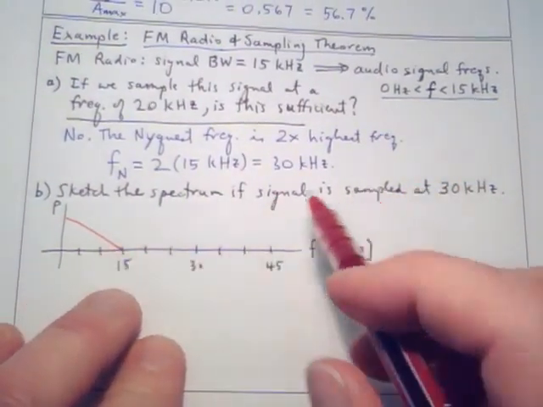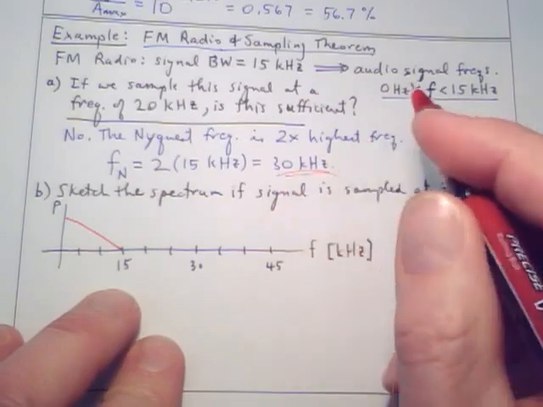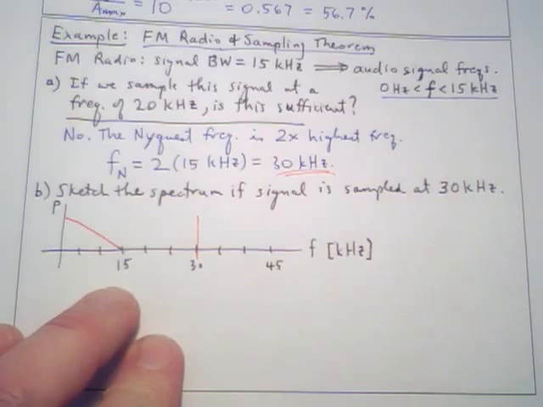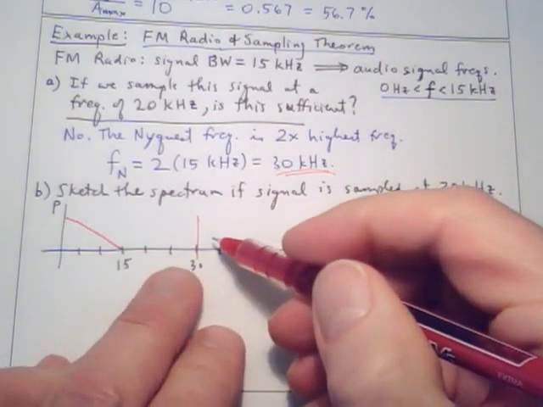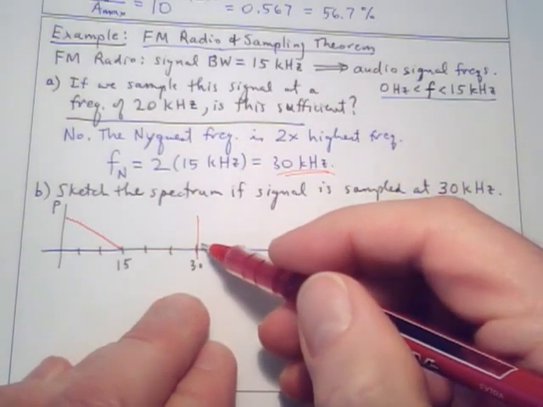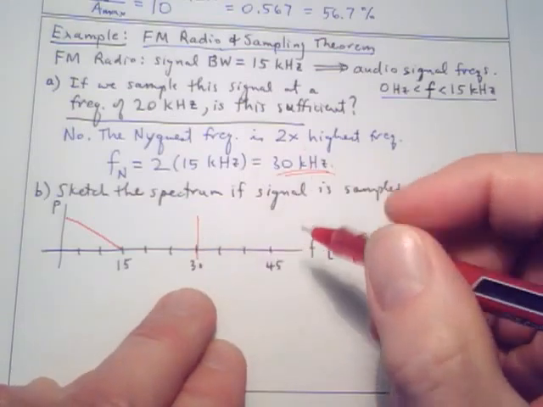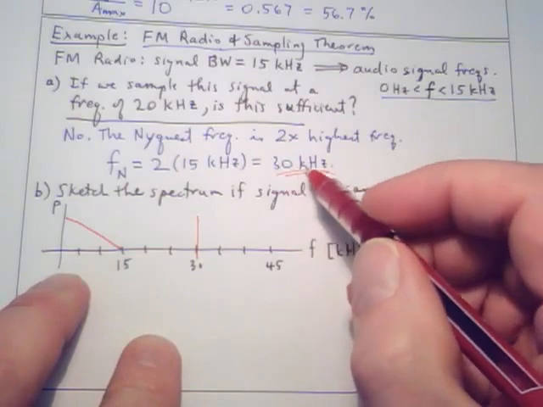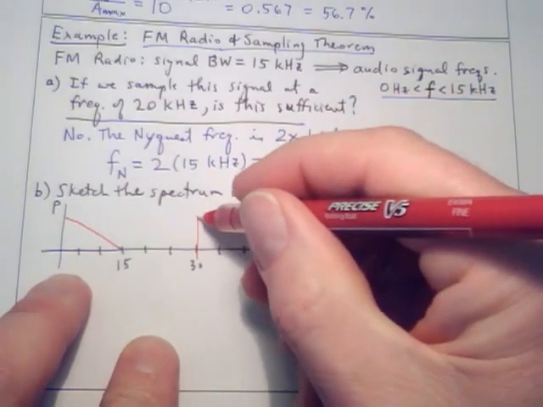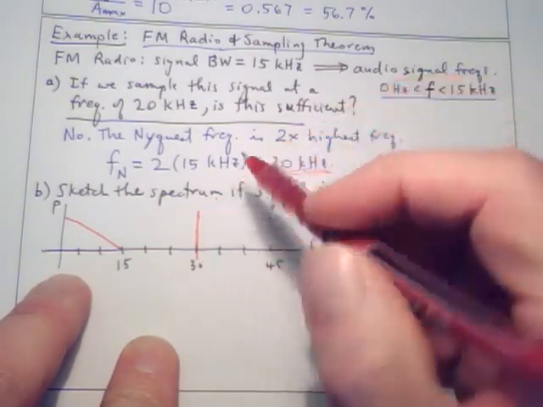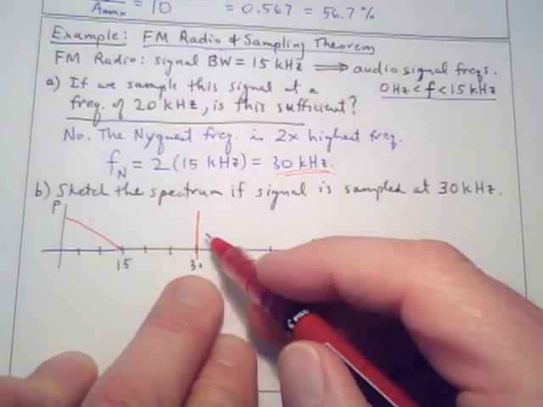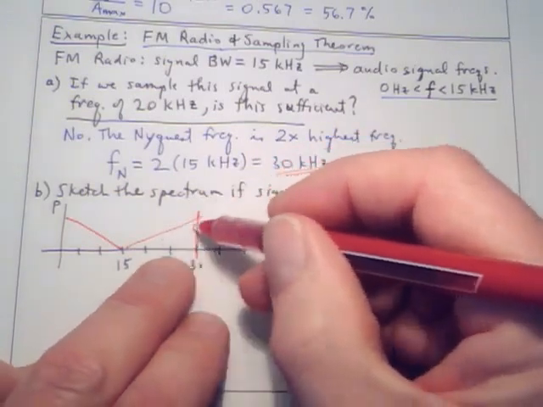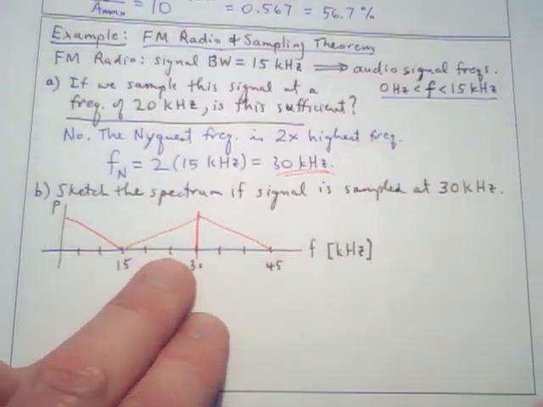If we sample this at 30 kilohertz, then 30 kilohertz becomes our new 0, in exactly the same way that last week, when we did frequency division multiplexing and up-converted a signal, the mixing frequency became the new 0, with copies of the signal to the left which were inverted and to the right which were not inverted.